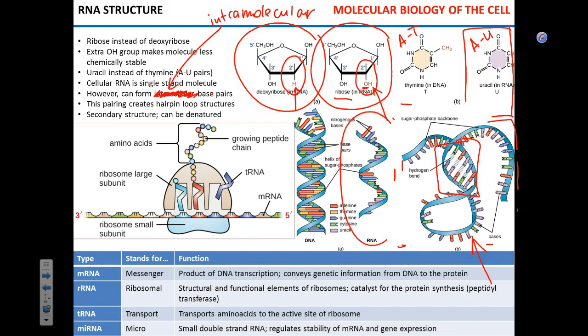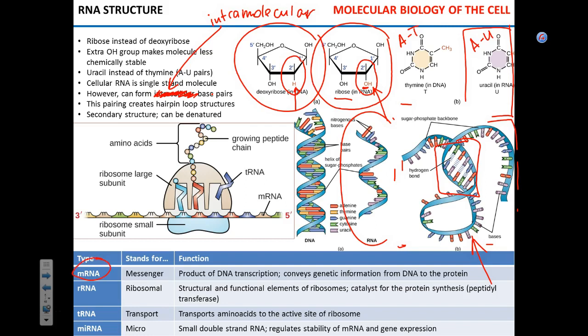Okay. Now, what are the main types? I just want to finish this RNA thing, and we're gonna complete the class for today. But what are the main 4 types of RNA that I want you to know? One is mRNA. It's a messenger.